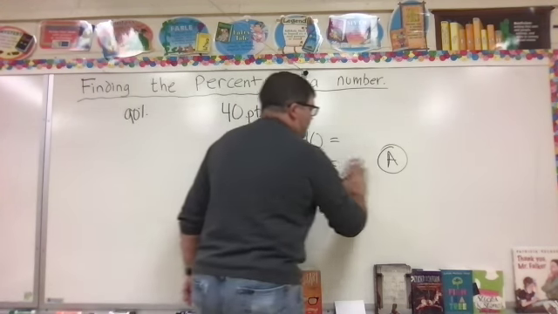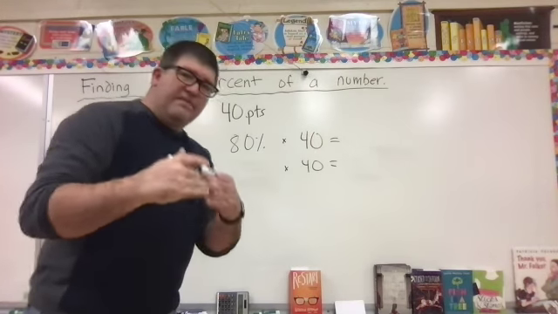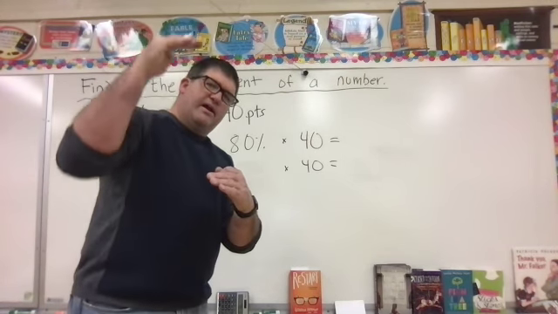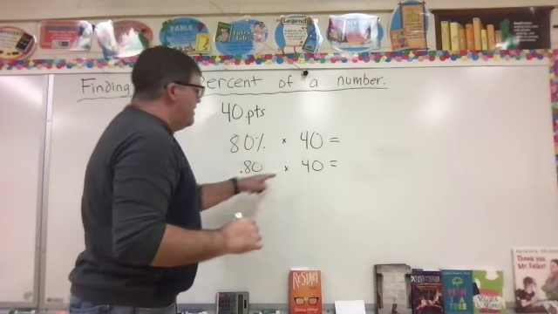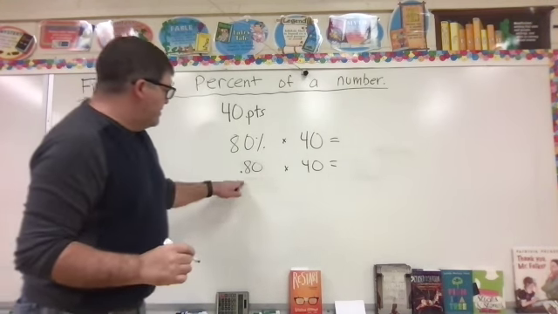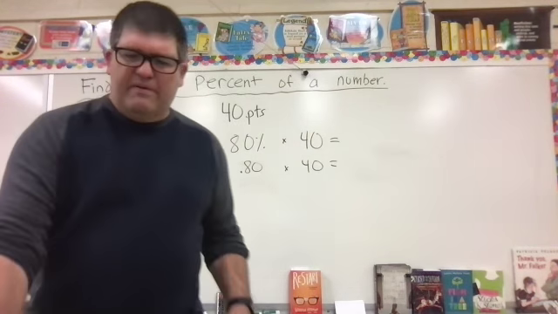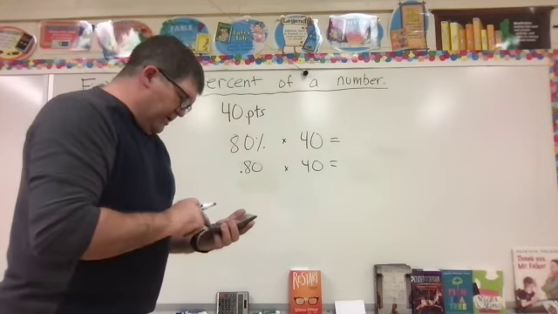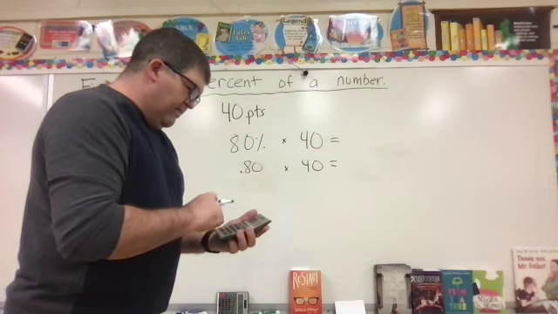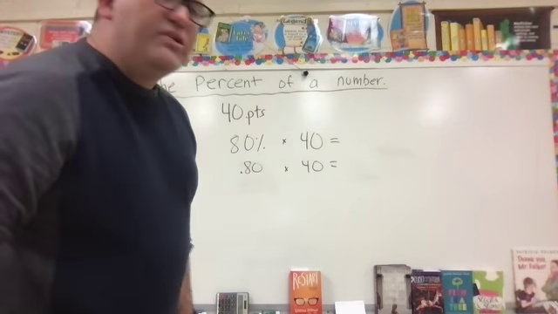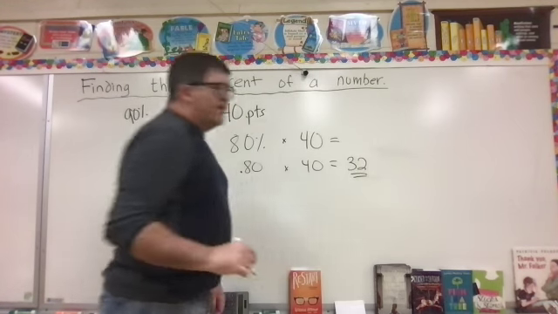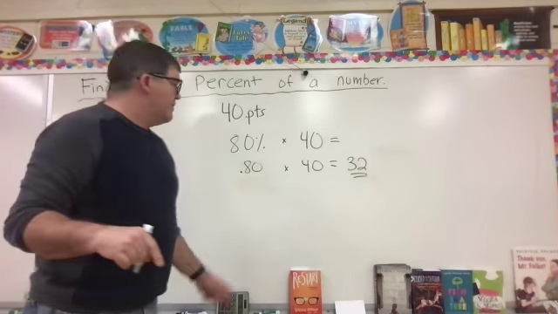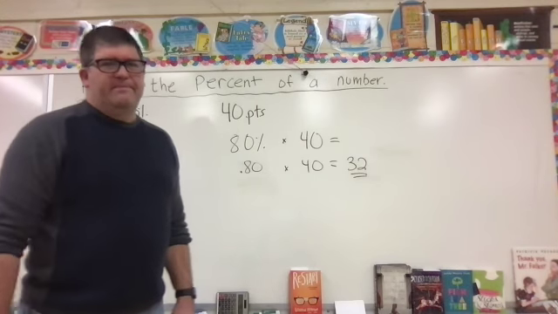Because if I get at least 80%, I'll get a B or higher. So 80%, I'm going to change that to 0.8, and then do 0.80 times 40. That equals 32. So if I get 32 correct out of 40, I'll get at least a B.